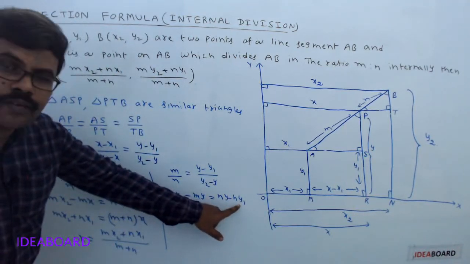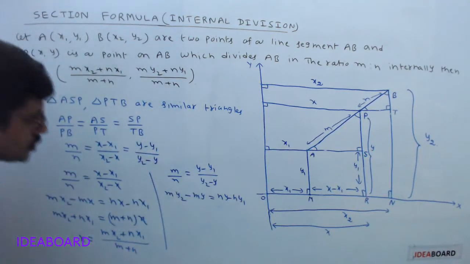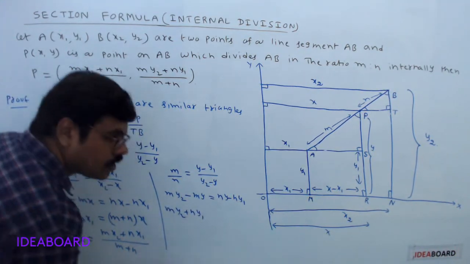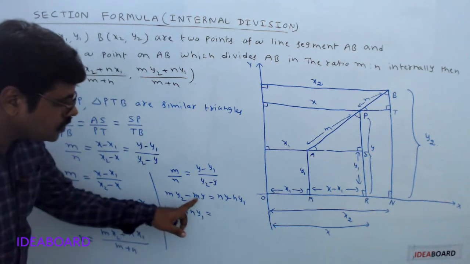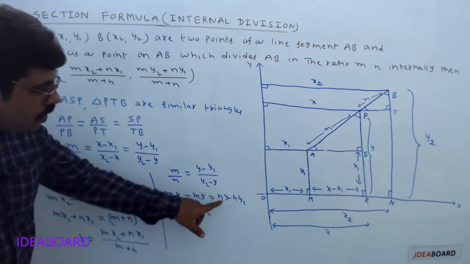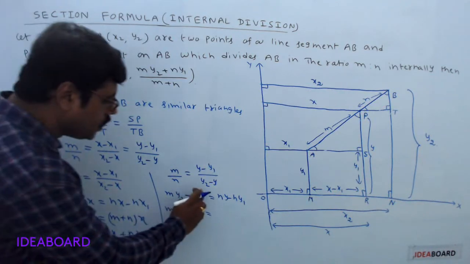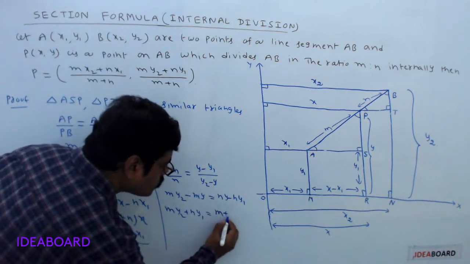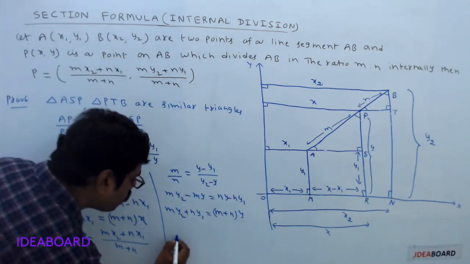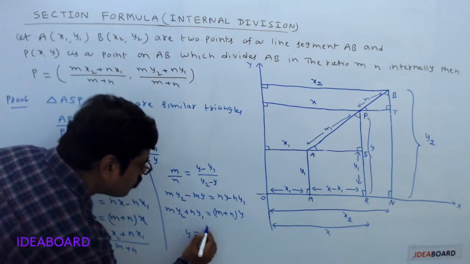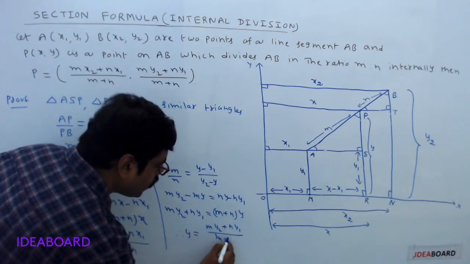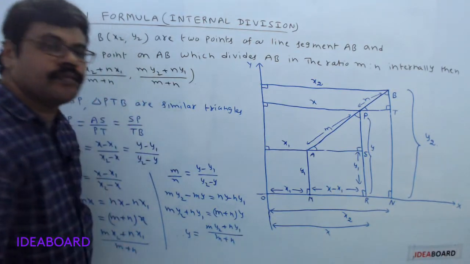Bring this minus ny1 term from RHS to LHS. my2 plus ny1 equals, bring this term from LHS to RHS, so it is my plus ny. Y is the common factor, so it can be taken as m plus n into y. So therefore y equals my2 plus ny1 divided by m plus n.